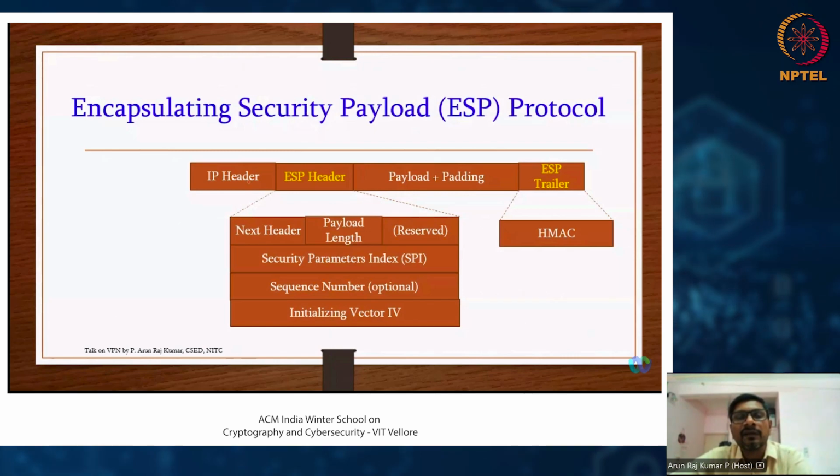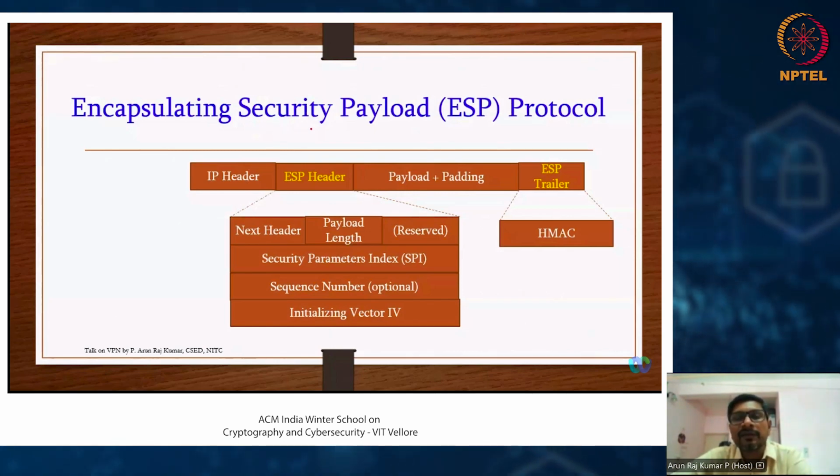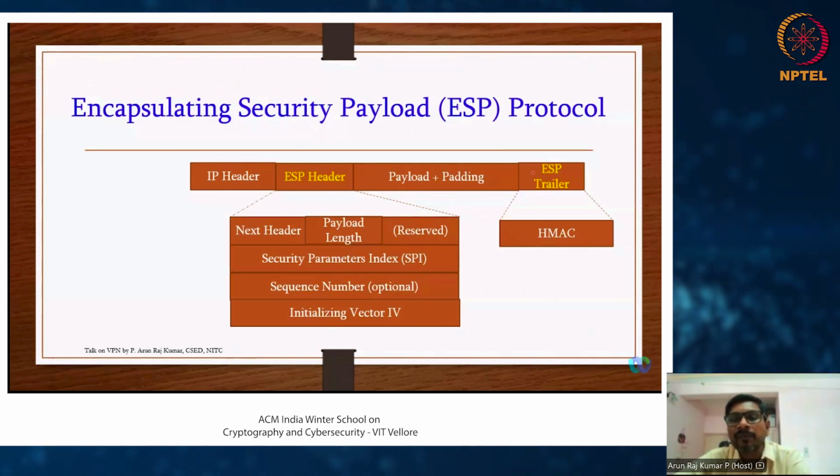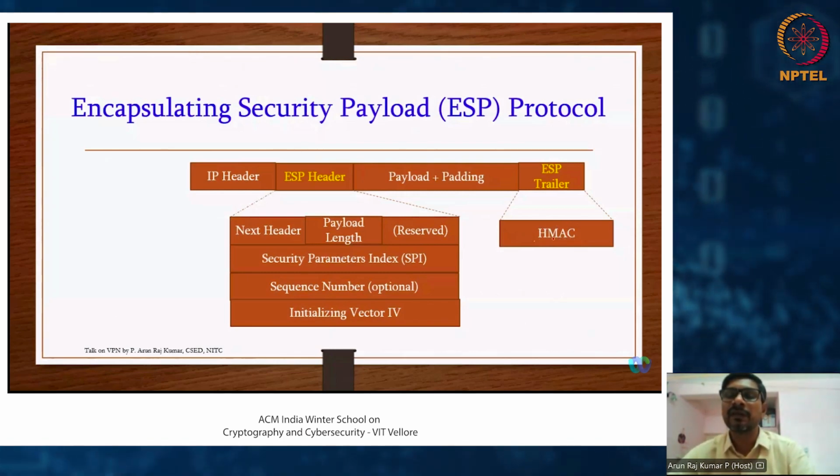Similarly, here is another protocol called ESP, the encapsulating security payload protocol. You see the same thing, but instead of the AH header, we have something called the ESP header and trailer. This provides integrity to the message. For achieving message integrity, we use a hashed message authentication code, which uses a hashing algorithm, and we are also using encryption here.